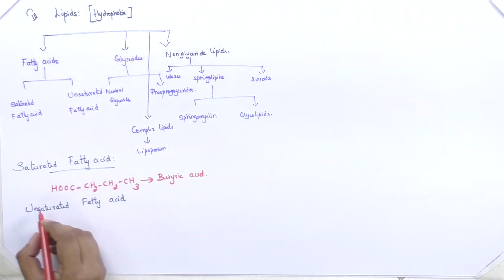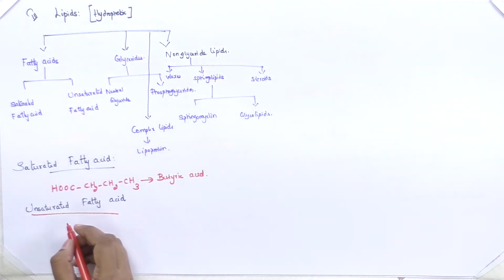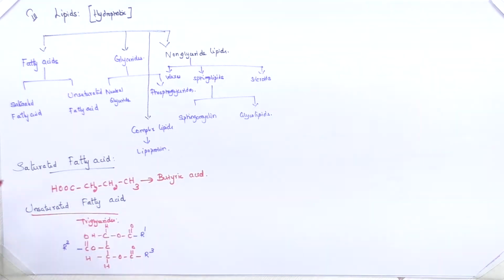The best examples will be triglycerides. The main difference between saturated and unsaturated fatty acids is that saturated fatty acids have a single side chain, and there are no complicated bonds formed in them. But unsaturated fatty acids are complicated and they have more side chains compared to the saturated fatty acids. So an example for saturated fatty acids is butyric acid.